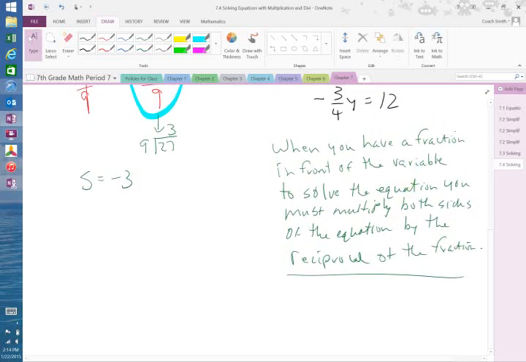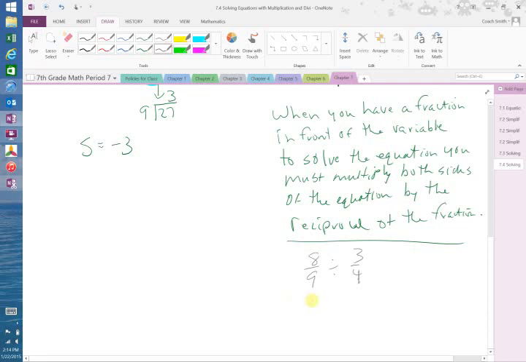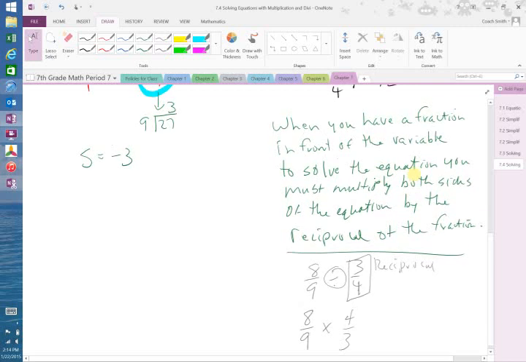If we had 8/9 divided by 3/4, to simplify that by our rules for multiplying fractions, we'd take 8/9, change that to multiplication, do the reciprocal of 3/4, which is 4/3, and then multiply it out. You're doing the same thing with this equation.